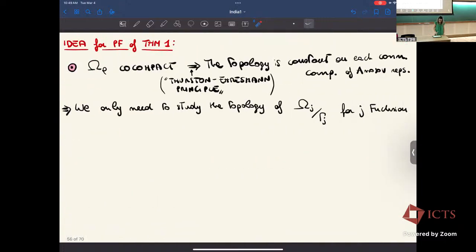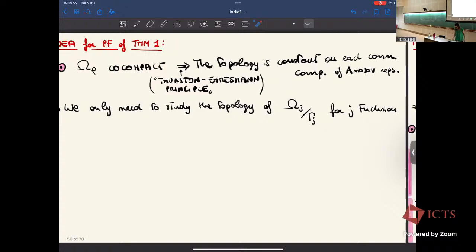Okay, so I want to give you at least the main step of this proof, and if I can, the full proof of the main technical lemma. As I was saying, the co-compactness is really crucial for our proof, because what we do is that we study the topology at a Fuchsian point, and then use the fact that the topology is constant on the whole Anosov component.